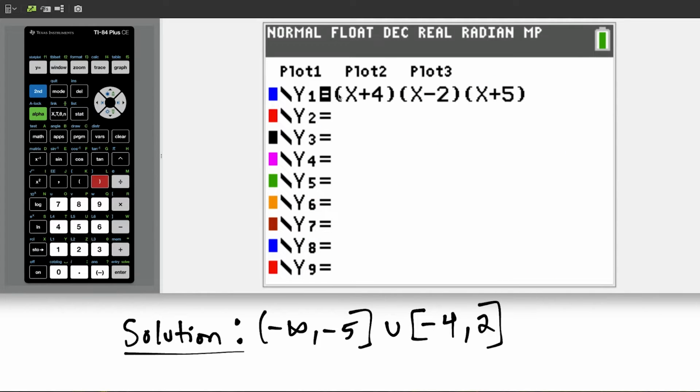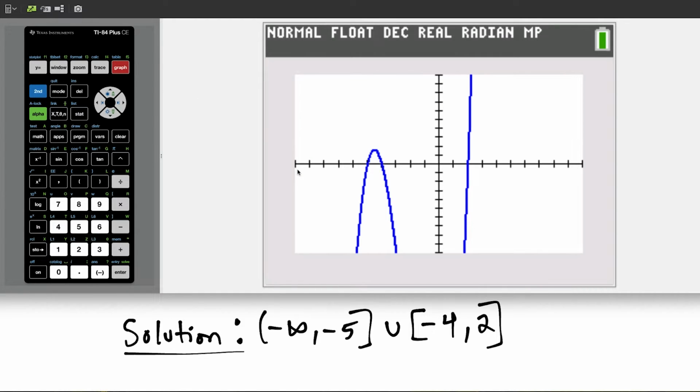So one last thing before we move on, let's type in the left side of the original inequality into the y equals. We press graph, and now let's see what our solution means. So the solution is the x values from -infinity to -5. And remember, we had an inequality where the left side was less than or equal to 0. Graphically, that means the graph is on or under the x-axis.